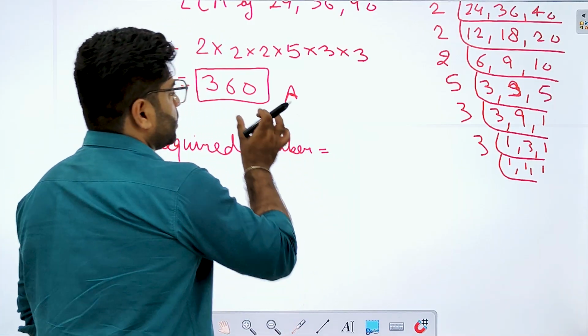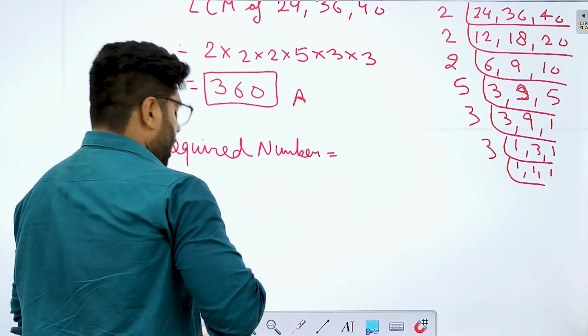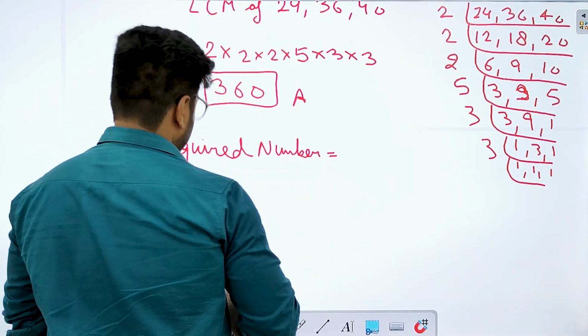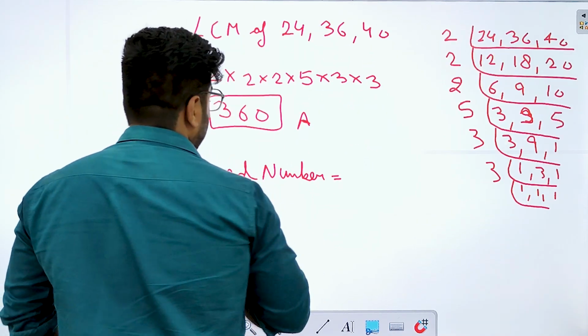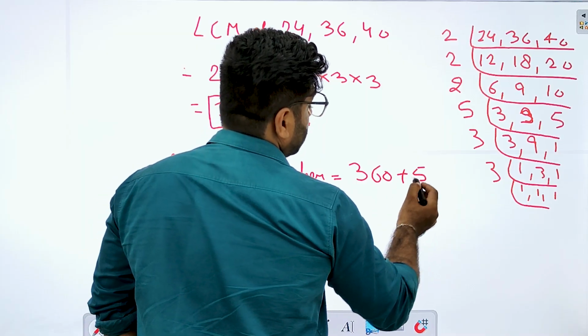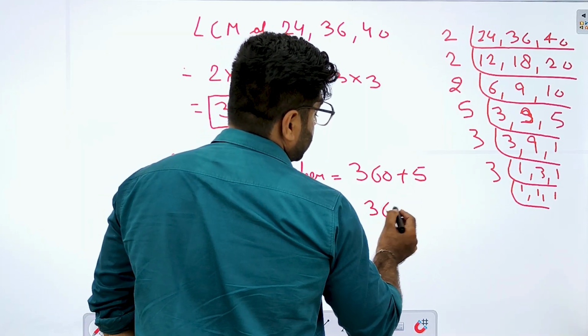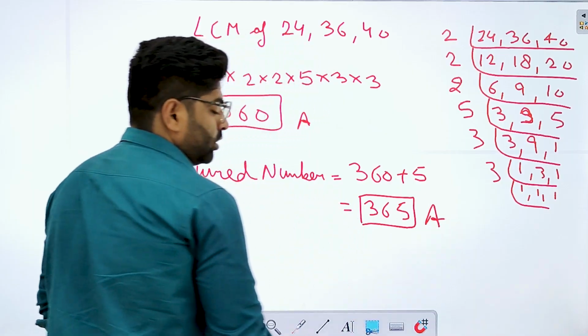So this is the smallest number which is divided by these three numbers, and we want 5 as a remainder. Okay, so the required number will be 360 plus 5. This is 365, the required number.